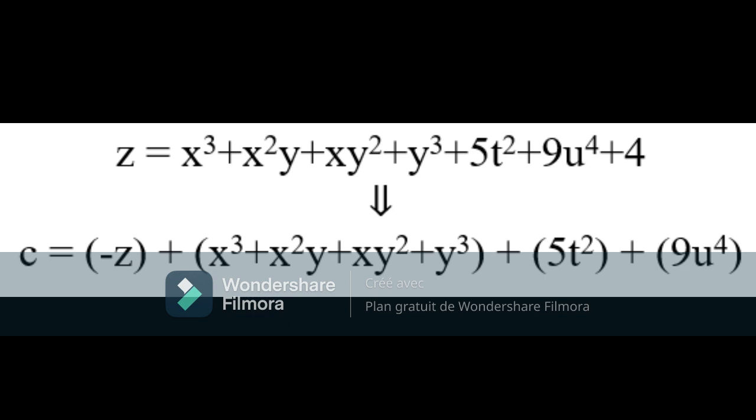The basic bricks to handle the problem are then: processing of the multiplication by a constant, here 5 and 9; processing of monomials like u to the power of 4; processing of the x to the power of 3 plus x to the power of 2 multiplied by y plus x multiplied by y to the power of 2 plus y to the power of 3; aggregate of variables; and then to finish with, overall processing.